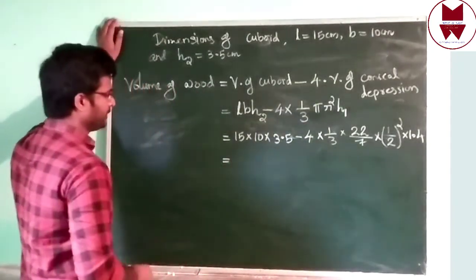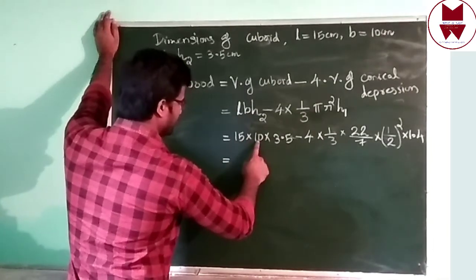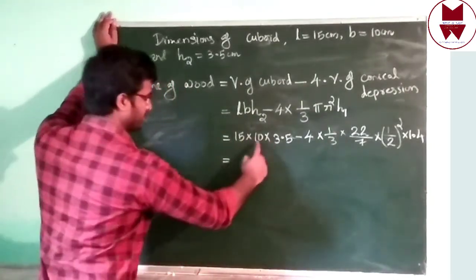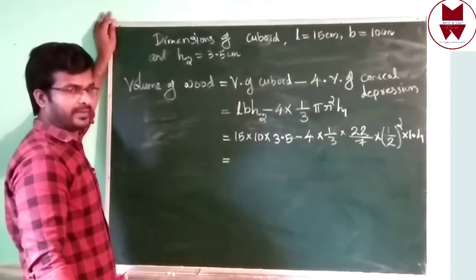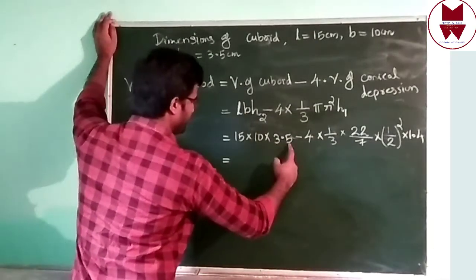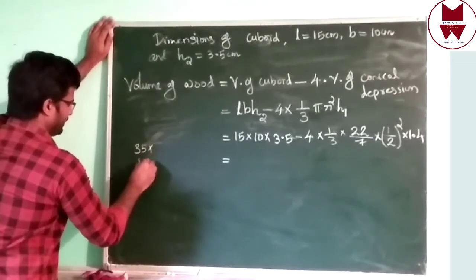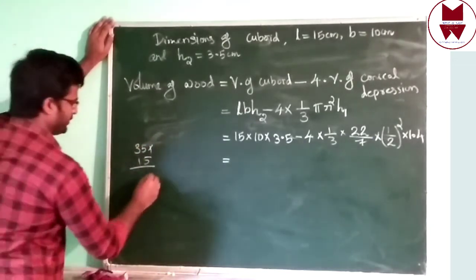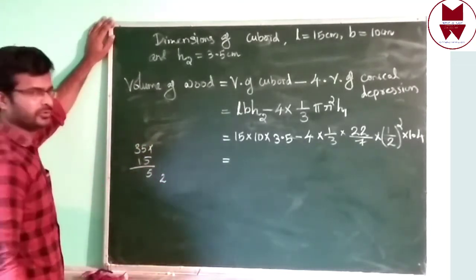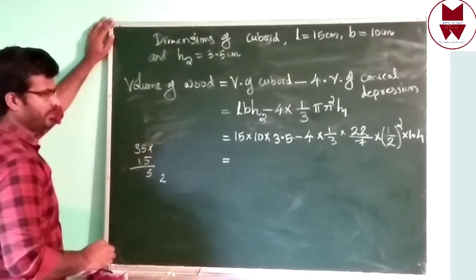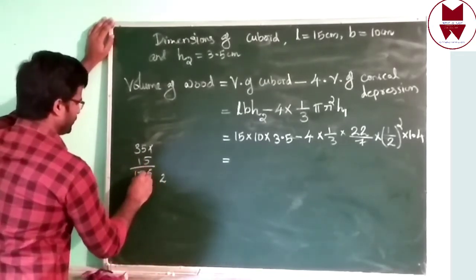Then multiply 10 into 3.5. 10 into 3.5 will get 35, isn't it? Then 35 into 15. 5 into 5, 25, remainder 2. Then 5 into 3, 15 plus 2, 17.